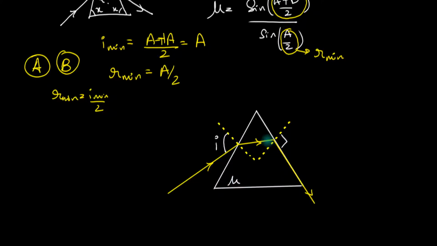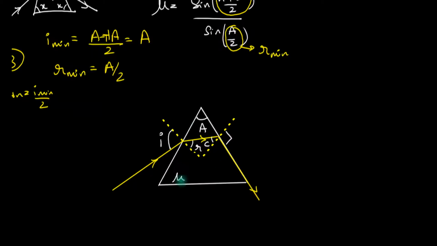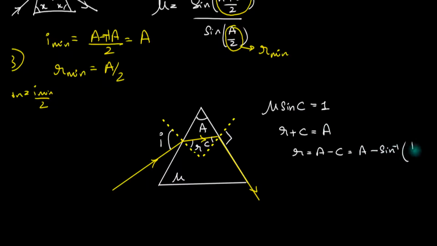This is mu, so this has to be the critical angle C, and this has to be some angle of refraction R, and this is A. So from this we can understand that if you apply Snell's law at this point, I get mu times sine C equals 1, because it's 1 times sine 90. That's equation 1. And I also know that R plus C equals A. So R is A minus C, where C is sine inverse of 1 over mu.